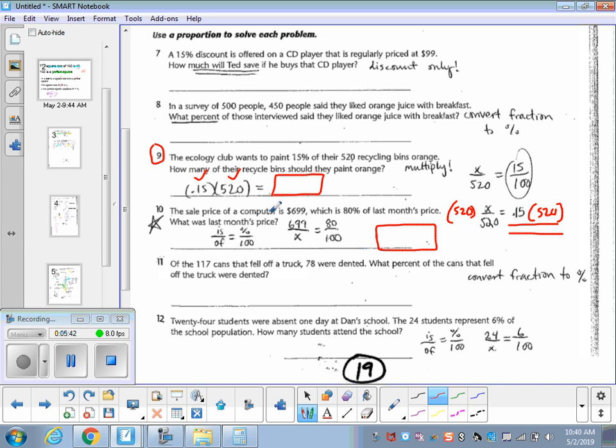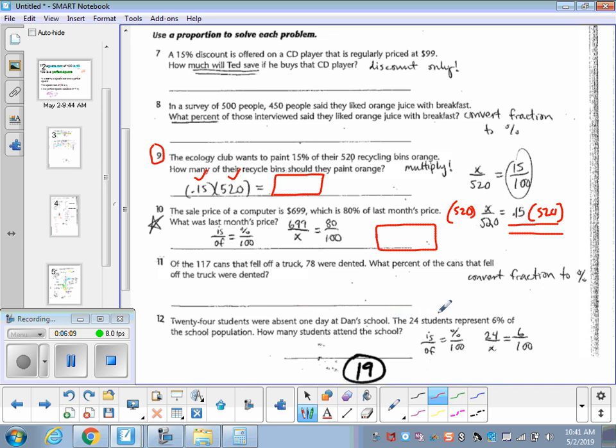For number 11, of the 117 cans that fell off of a truck, 78 of them were dented. What percent of the cans that fell off the truck were dented? So this one is a lot like number 8, where you only have to convert a fraction to a percent. In number 12, 24 students were absent on one day at dance school.